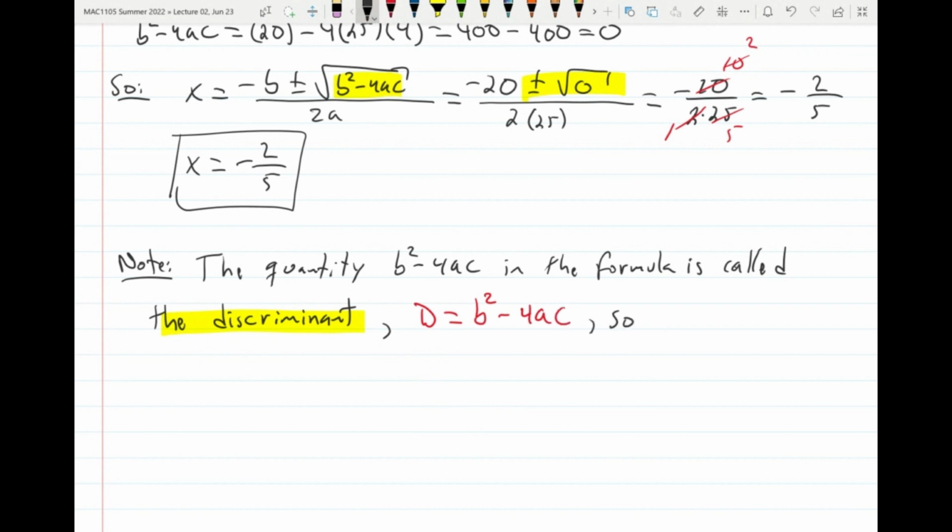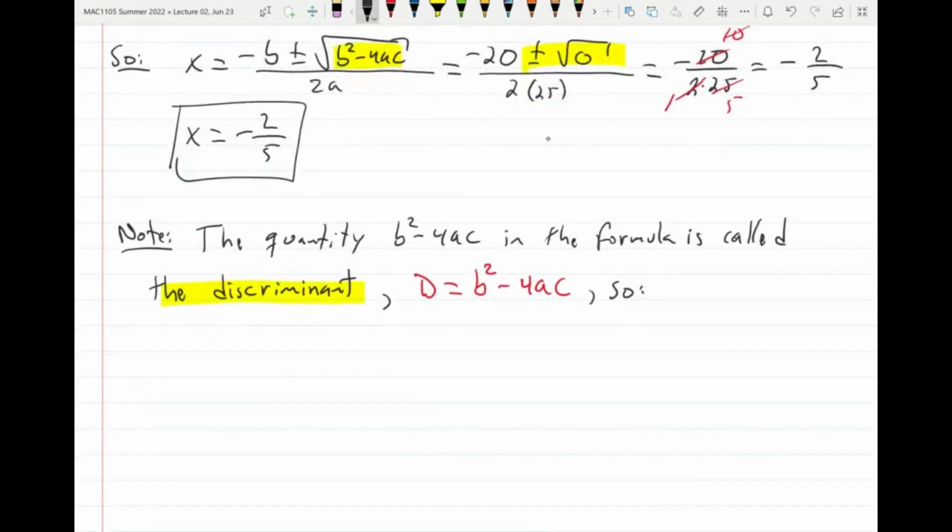So the quadratic formula now has a more friendly form. The quadratic formula can now be written as x equals negative b plus or minus the square root of the discriminant over 2a, with the understanding that by this D, what I mean is the expression b squared minus 4ac.